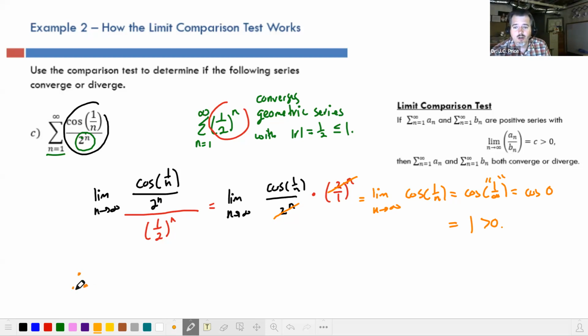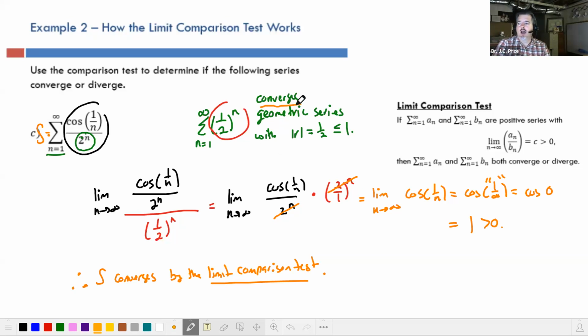So therefore, my series S converges by the limit comparison test. And it converges because what we're comparing it to actually converges too.